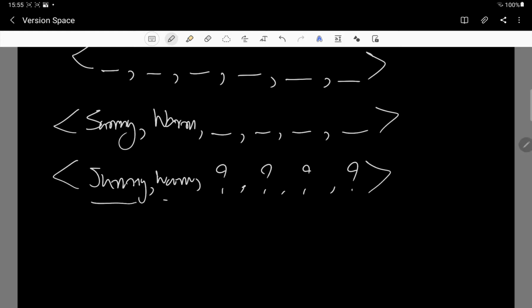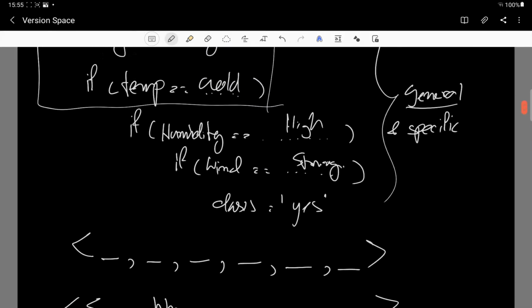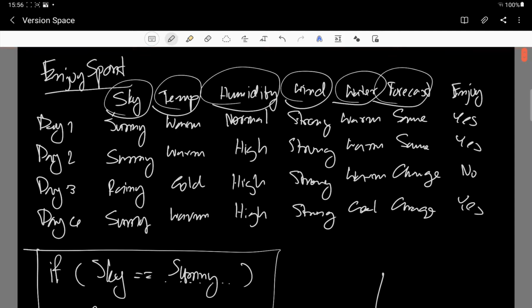We focus on the first two attributes that have the values, that is sunny and warm. And the others we don't care. Okay. So this kind of rule can be used to match some days that sky is sunny and temperature is warm. Can you see?